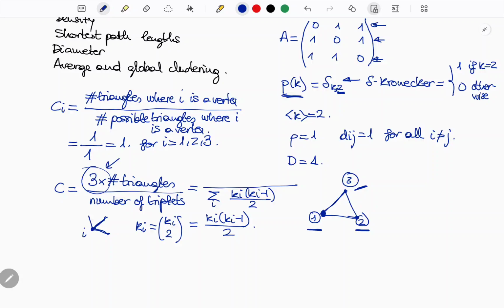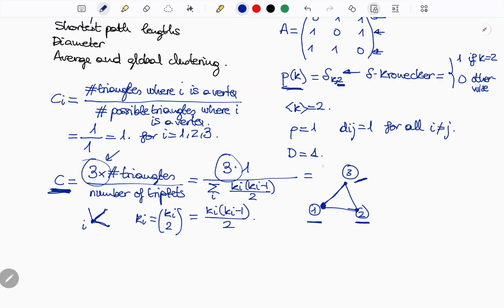So I have to multiply by 3 in the numerator so that I have the number of triangles, so I can normalize, because the clustering is supposed to be 1 when all triangles are formed, okay? So that's the idea, that in a clique the clustering coefficient has to be always equal to 1 when all nodes are connected to all other nodes. That is why I write this 3 here, okay? I have to multiply by 3, because if not, I would have 1/3, and that's not the case, okay? So I have 3 over 3, which is equal to 1, and so the clustering is okay.